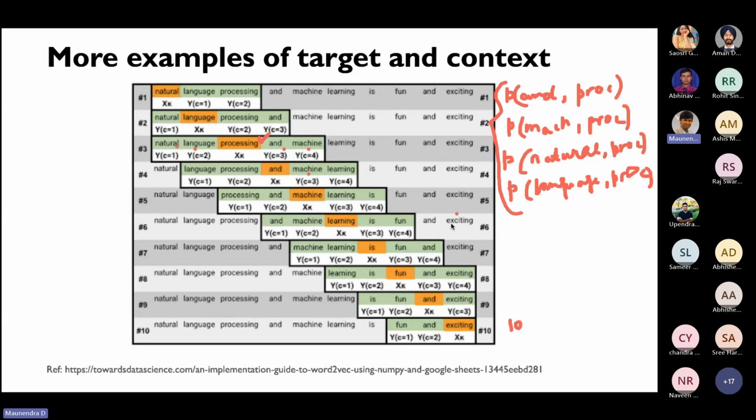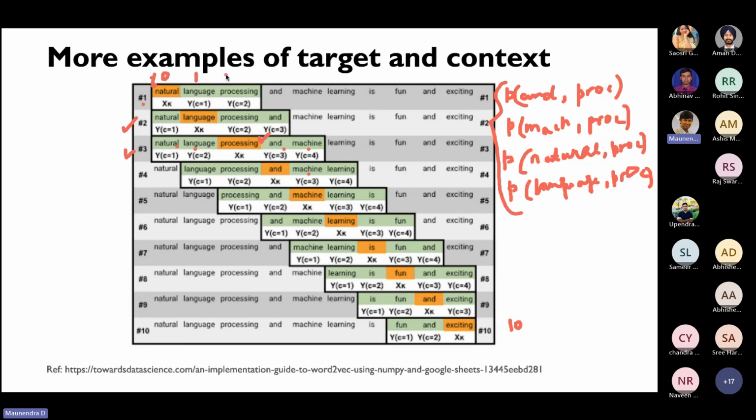So what we see is that the moment this small t changes, so this is small t equal to 0, small t equal to 1, t equal to 2, small t equal to 3. That means each appearance of a word gives you one input-output combination. At t equal to 0, natural is the center word.